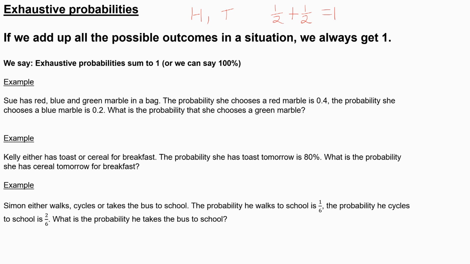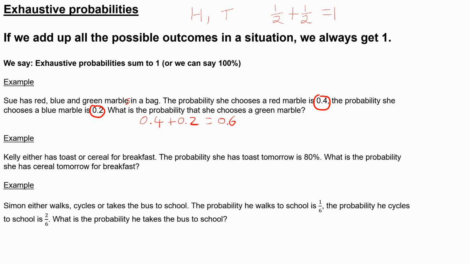For example, here, Sue has red, blue, and green marbles in a bag. We know the probability of choosing a red marble is 0.4, and the probability of choosing a blue marble is 0.2. What is the probability she chooses a green marble? Because there are only red, blue, and green marbles in the bag, if we add up the probabilities we know, 0.4 plus 0.2, we get 0.6.